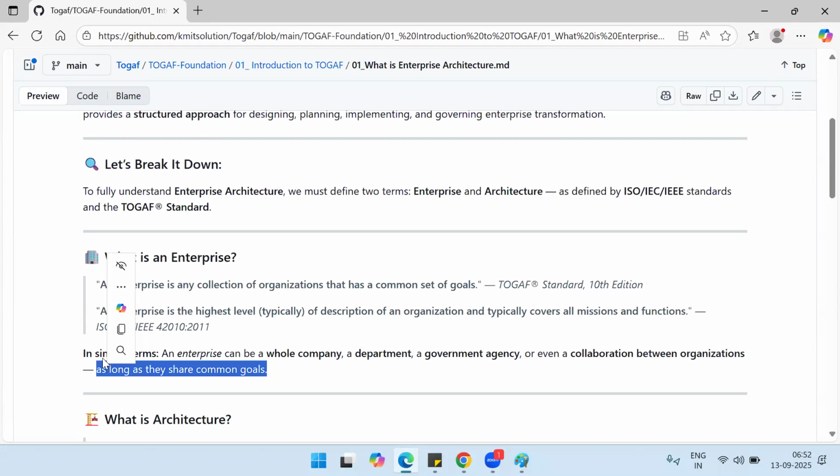ETL work will not be done by the enterprise architect. It will be done by the developers. ETL is extract, transform, and load.